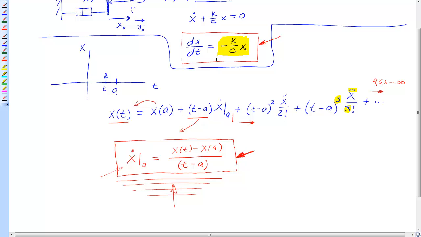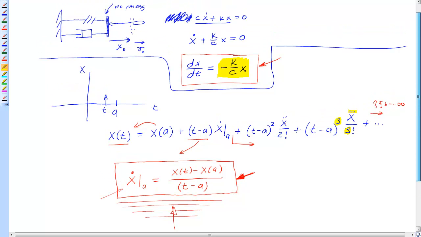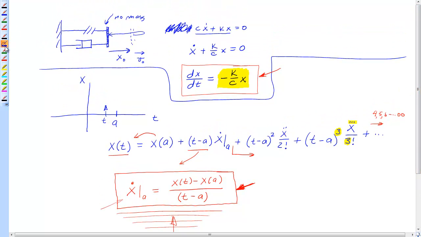This is the first order differential equation we're looking at. And let's say the initial position here is 10.